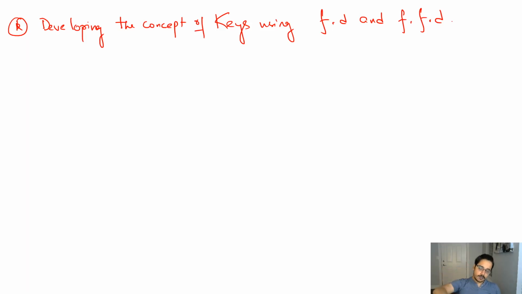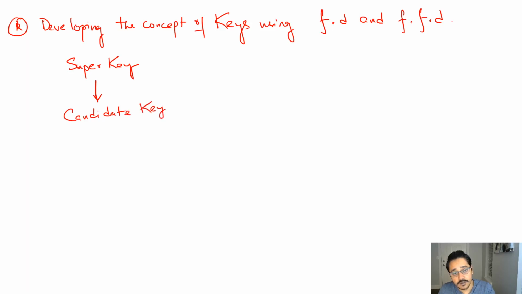Okay. So I'm just going to talk about the full hierarchy of different keys that you can have. The first key that you can have is a super key. From a super key, what we can derive is known as a candidate key. Then from a candidate key, you can derive what is known as a primary key.